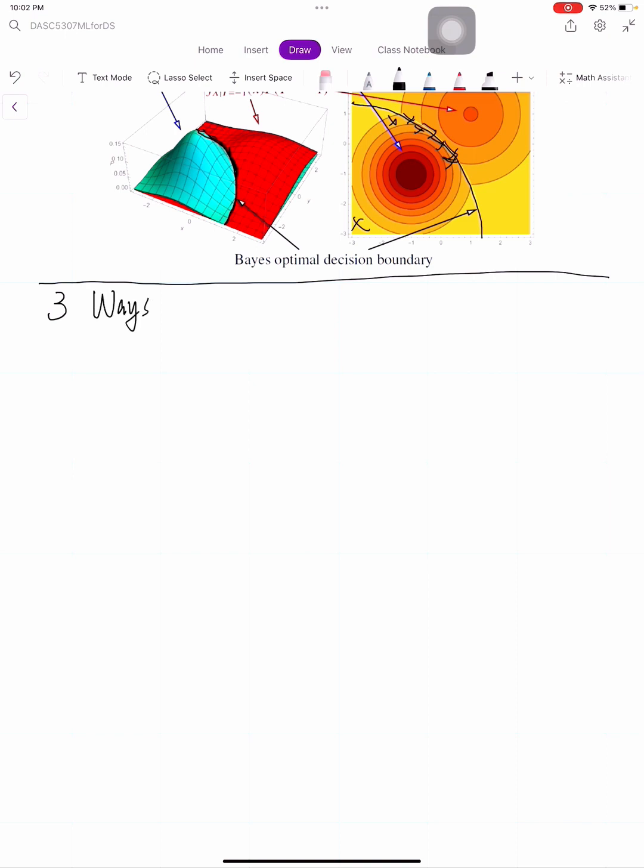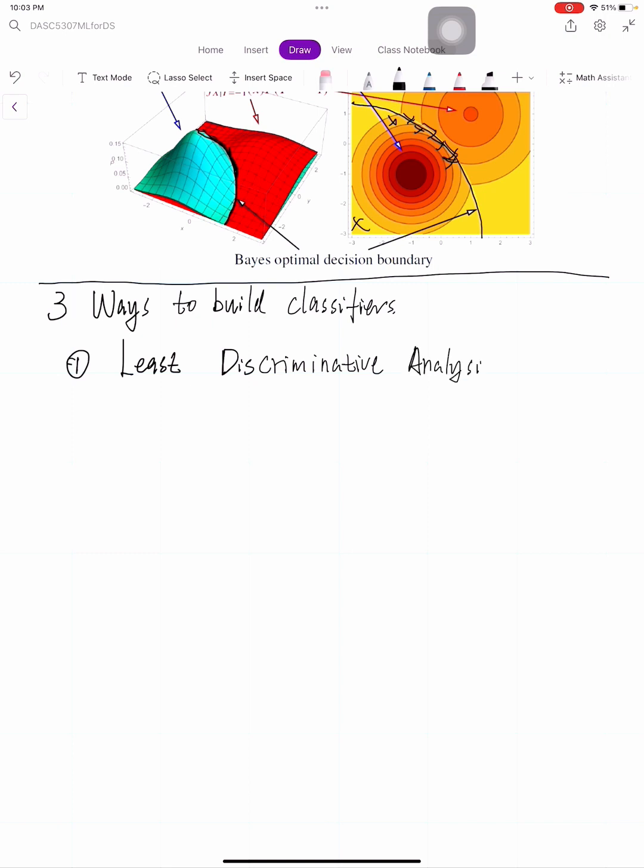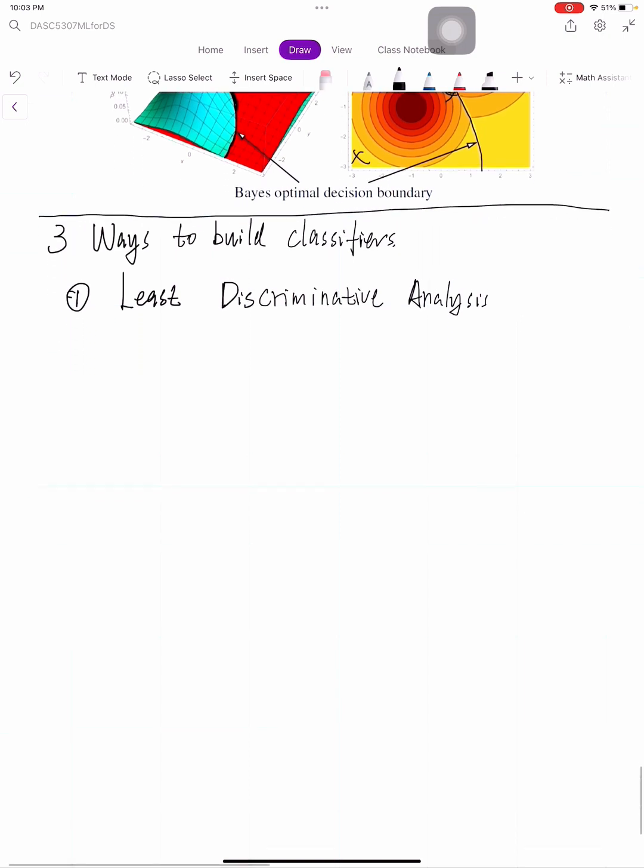Okay, so far we learned several ways to build the classifiers. Maybe it's a good time to summarize. So first case, the discriminant analysis, which is built based on the decision theory, and we assume samples are from different distributions.